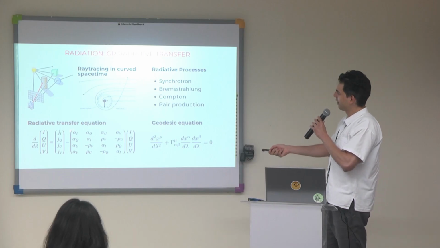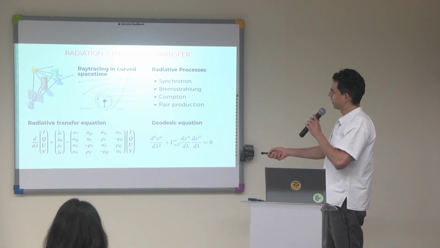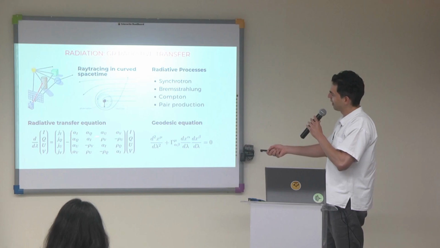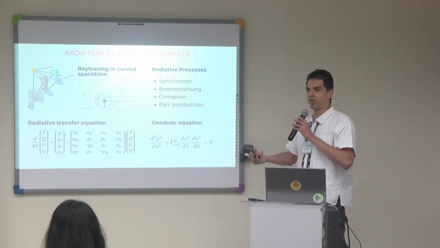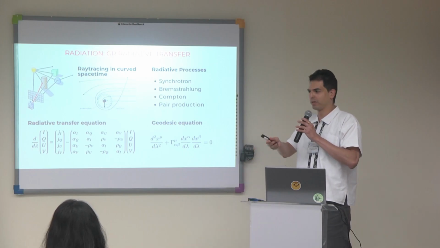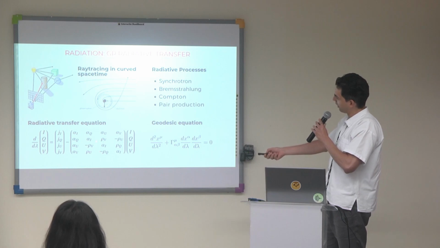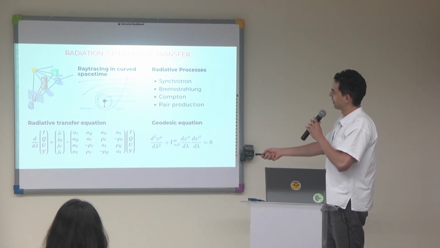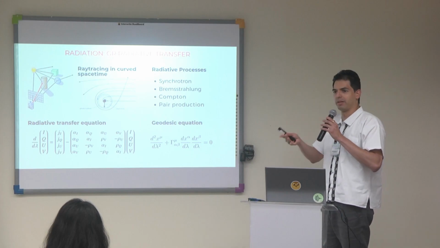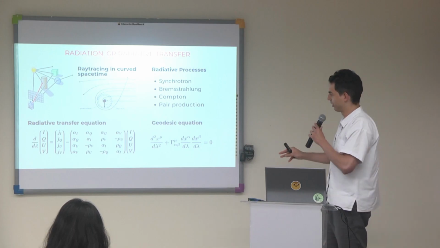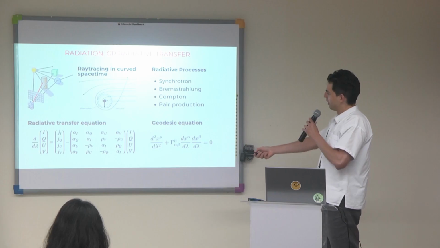Then it has this matrix that contains the absorptivities, these alphas, that tell us how much radiation is absorbed by the plasma along its way. And we have these rhos that are the so-called rotation coefficients that tell us how much radiation is converted from one type of polarization into another.